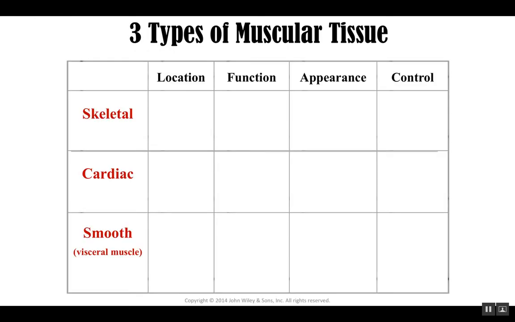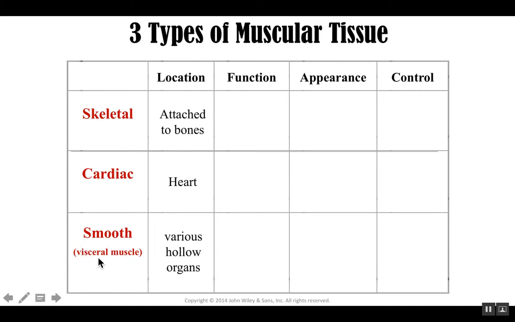Next thing we're going to do is look at a brief overview of the 3 muscle types, and then on the next slide there's a more detailed figure talking about the different types of muscle. A lot of this you should remember from our discussion during the histology section, where we learned about different tissues of the body. But if you recall, skeletal muscle is attached to bones, cardiac is in the heart, smooth muscle is in various hollow organs. We often call smooth muscle visceral muscle.